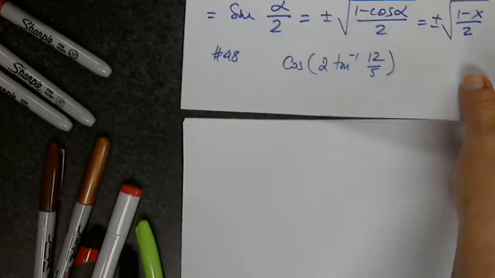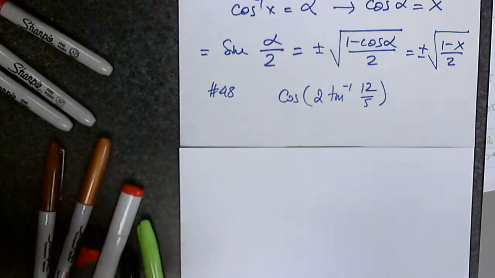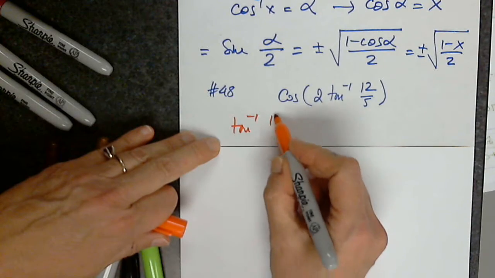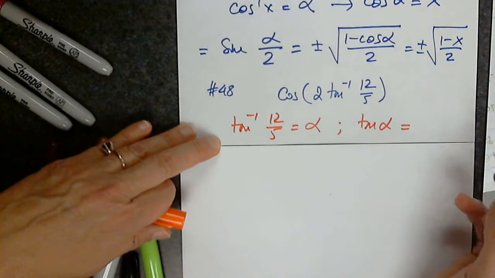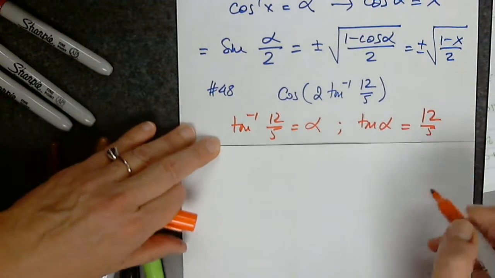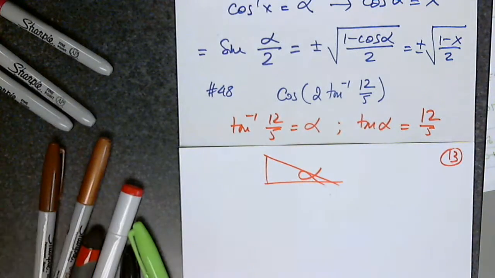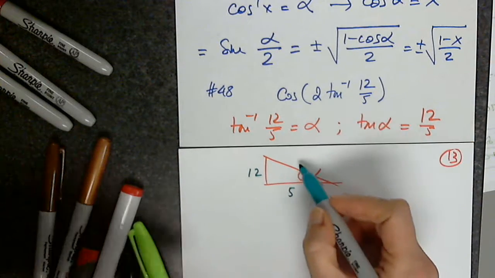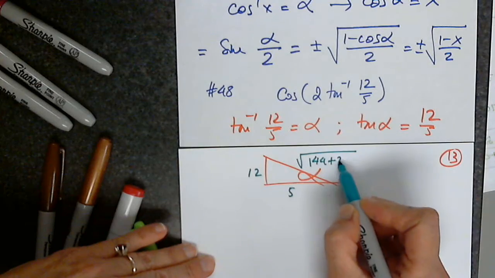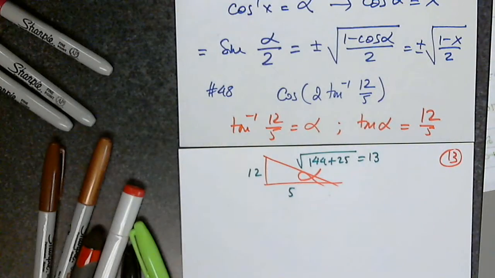Tangent inverse is not sine over cosine. Tangent inverse of 12 over 5 is alpha, which means tangent alpha equals 12 over 5. So I can jump ahead to a right triangle with an acute angle alpha, whose two sides I know. So the hypotenuse must be the square root of 144 plus 25. That's 169, 13. Good. Now I'm coming back to my problem.